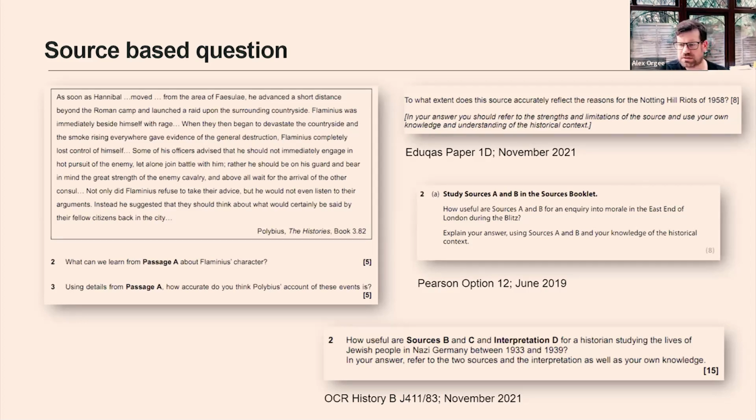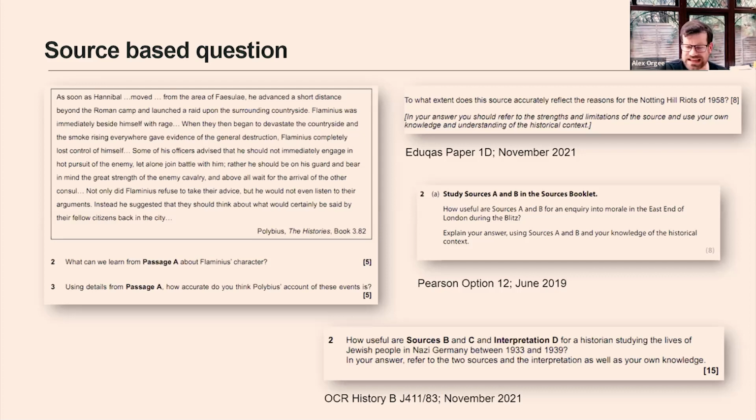There's then another source-based question, and the example on screen is from a different depth study, this time the Hannibal depth study. Having answered the second question about inferences, we then ask them to comment on how accurate they think the passage or source is in relation to the particular focus of the question.